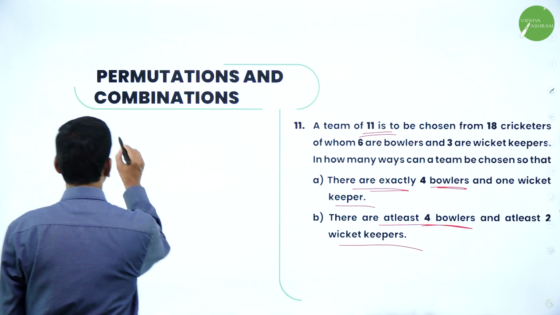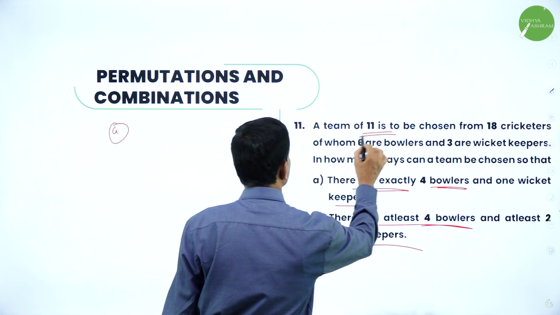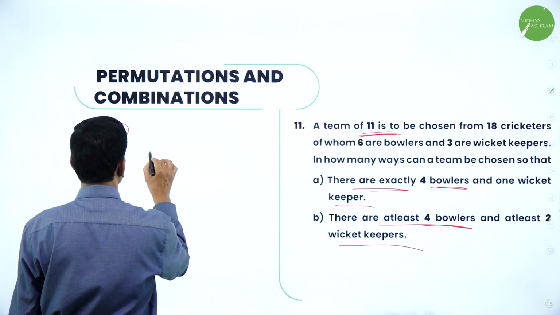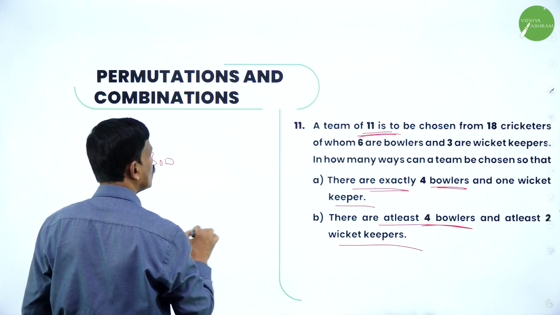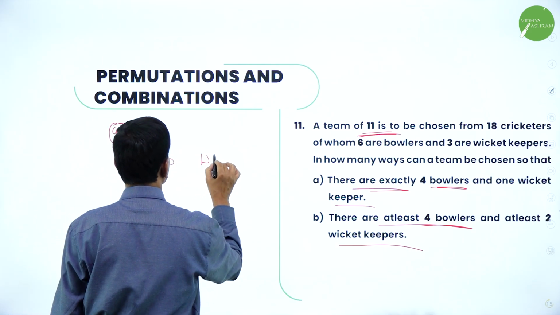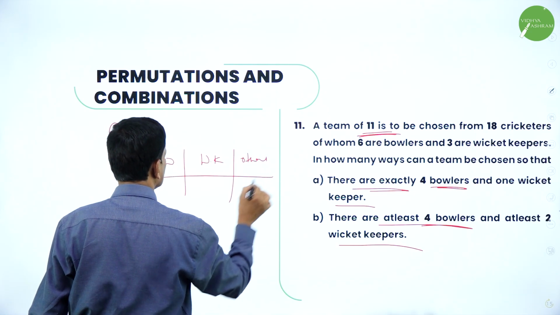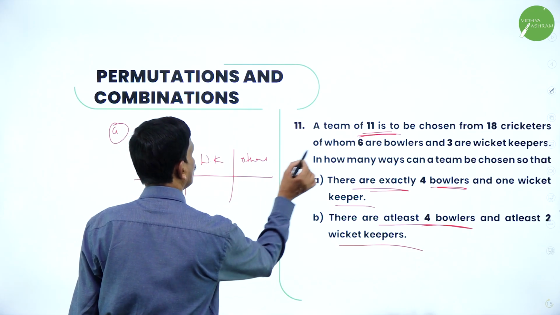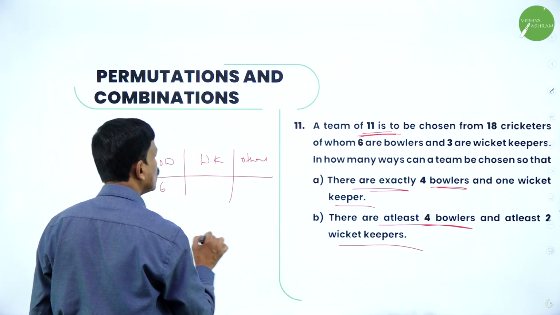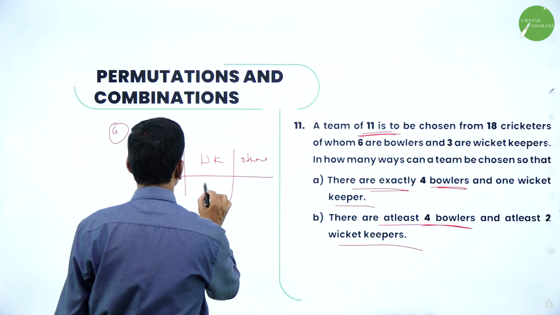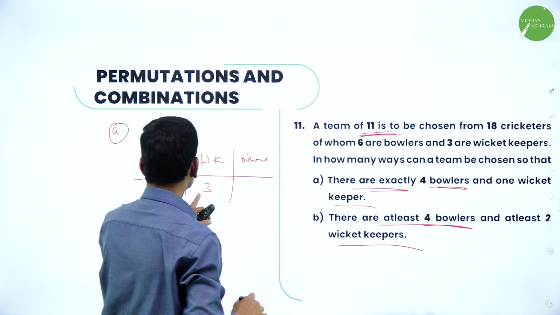Now first condition, a team of 11 is to be chosen. So let us write the bowlers, then wicket keepers and others. How many bowlers are there? There are 6 bowlers and 3 wicket keepers. 6 plus 3 is 9.